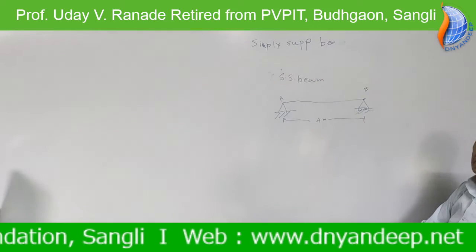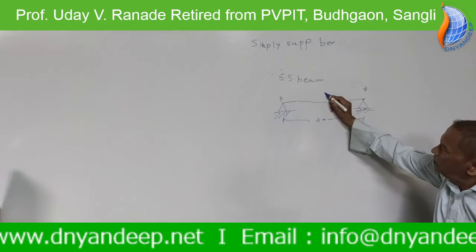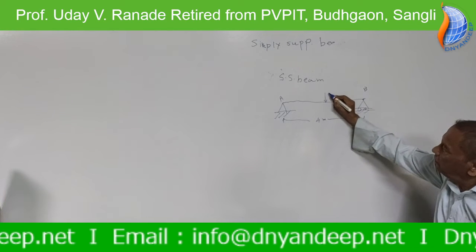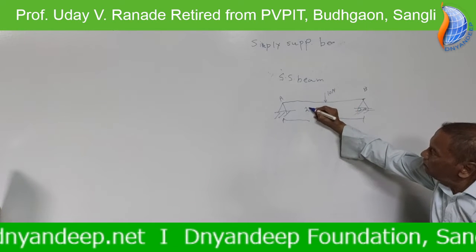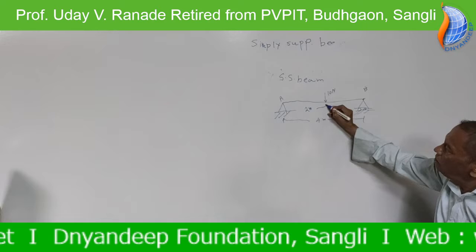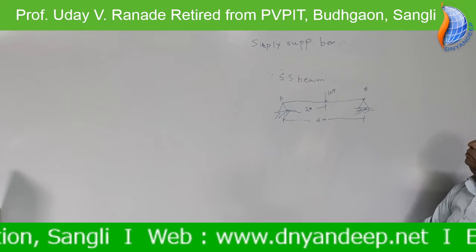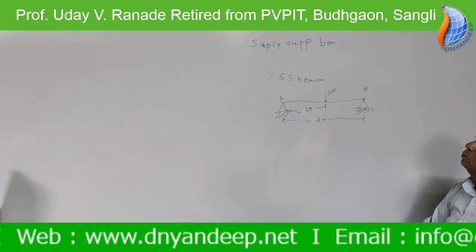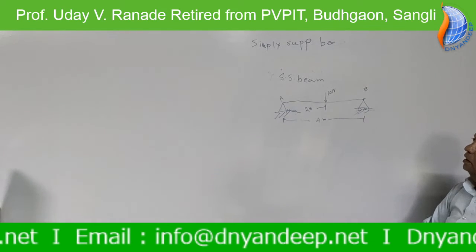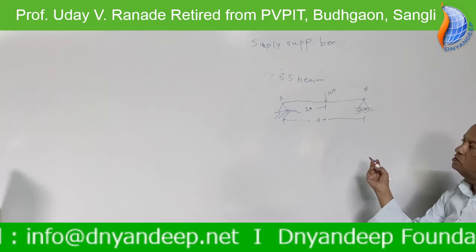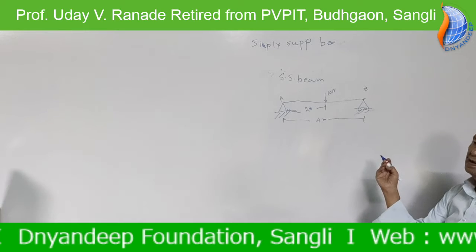At the center of beam AB, this is beam AB, there is a load acting 10 Newton, that is 2 meter from A. Now the problem is to find reactions RA and RB. Now by common sense you can understand there is no horizontal force, so there is no horizontal reaction.